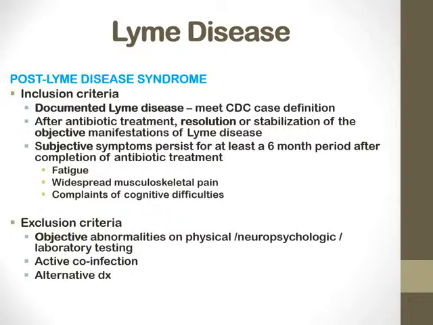For example, if you had erythema migrans, it should have resolved. If you had facial nerve palsy, it should have resolved. But the ongoing subjective symptoms need to be present for quite some time. And this is very important to counsel our patients, that we shouldn't expect them to feel normal immediately post-therapy. You can have up to 6 months before you start entertaining this as a post-Lyme disease diagnosis.